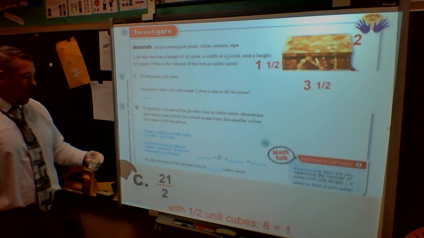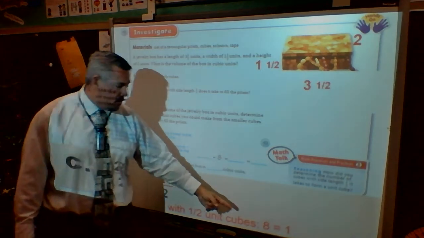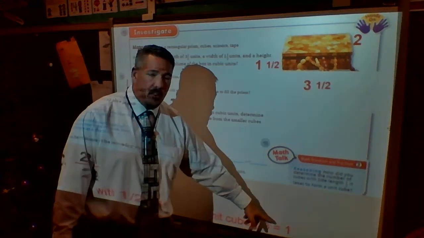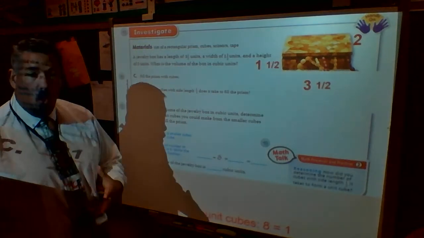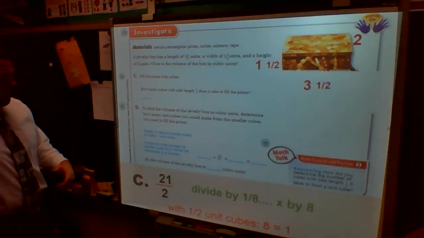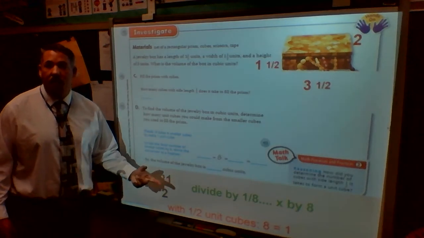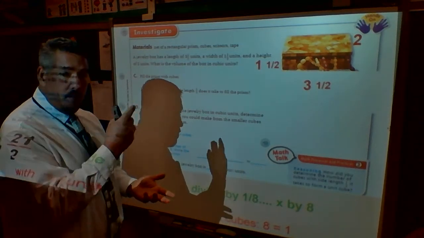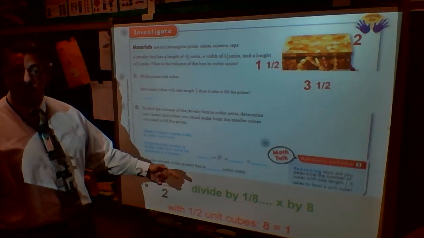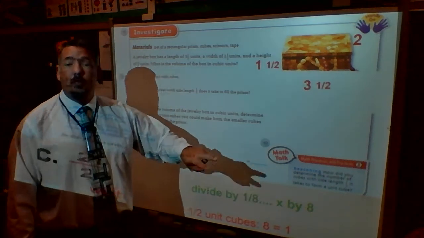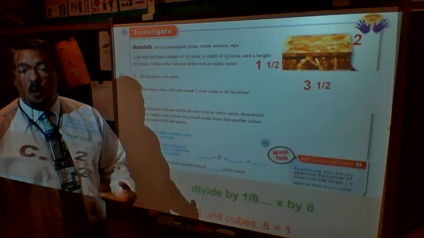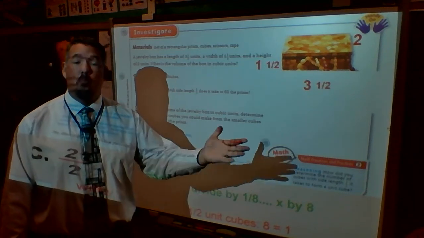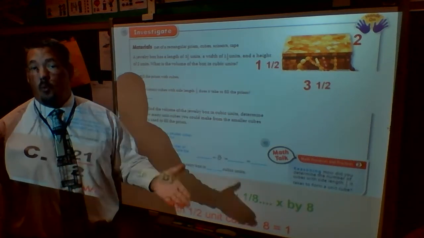We said that for every 8 half unit cubes, that's equal to 1 overall. So I would have to divide by 1/8, but we know we can't divide by 1/8. So we keep the first one, division becomes multiplication, flip the second fraction. Instead of dividing by 1/8, I'm actually going to multiply by 8 over 1.